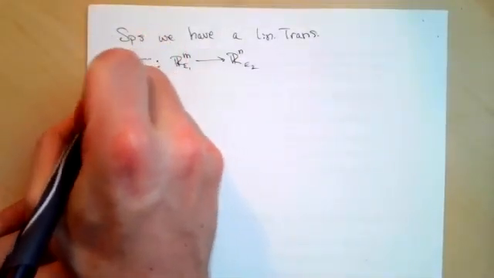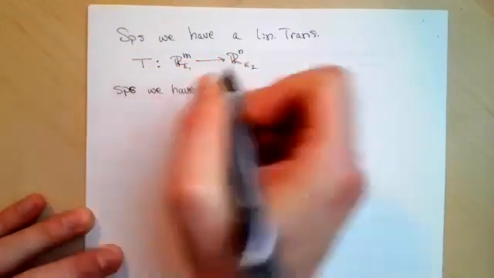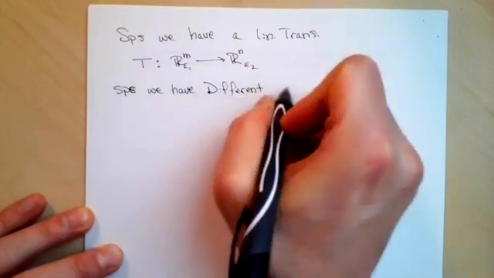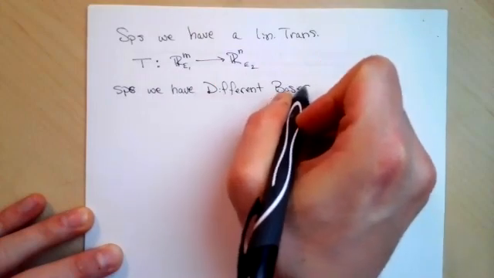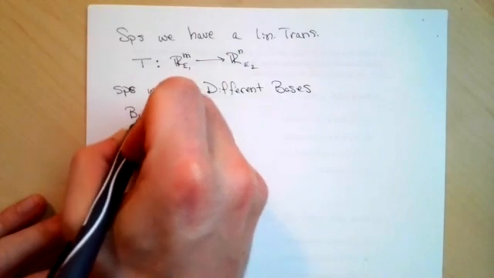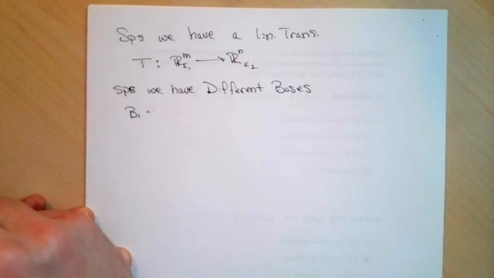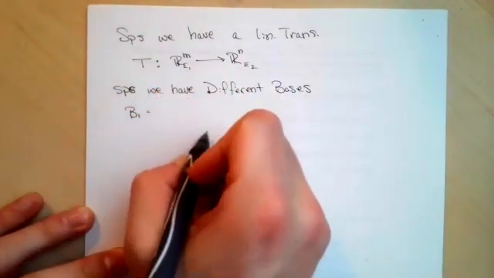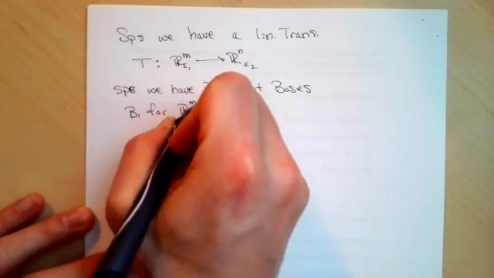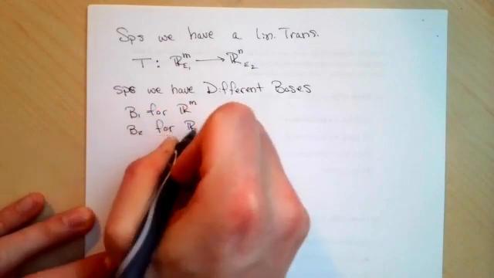And then suppose we have different bases. We'll say B1. Do we need to write it out? Let's not write it out. We'll write it out in examples. B1 for Rm, and then B2 for Rn.